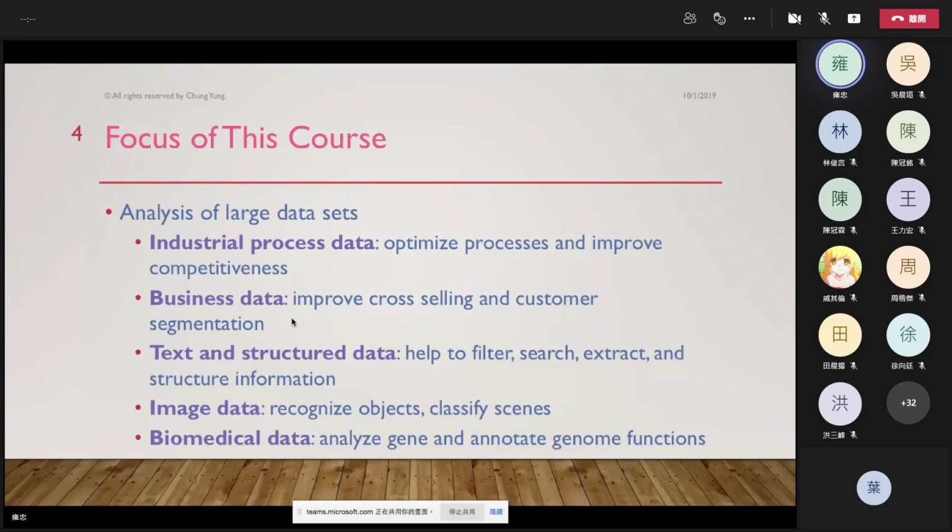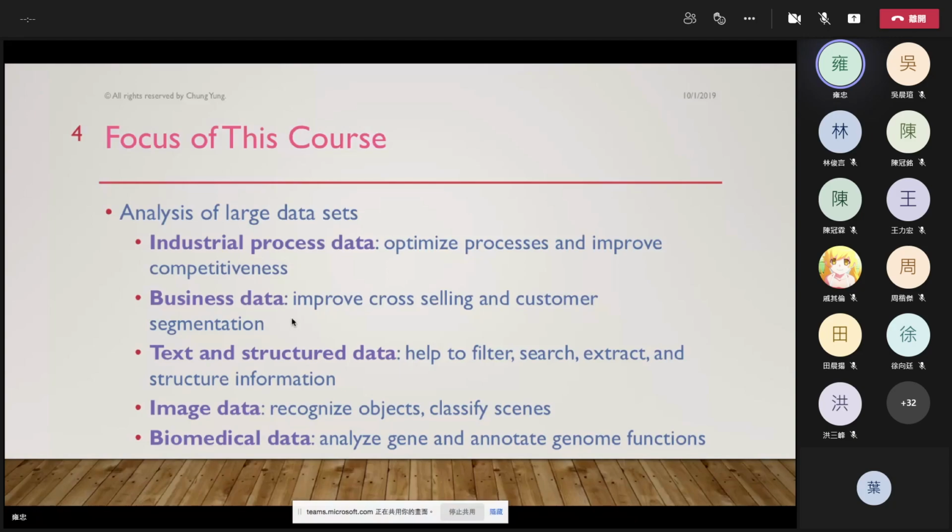Image data. The analysis on image data is used to recognize objects or classify things. In biomedical data, we analyze biomedical data especially on genes and annotating genome functions.